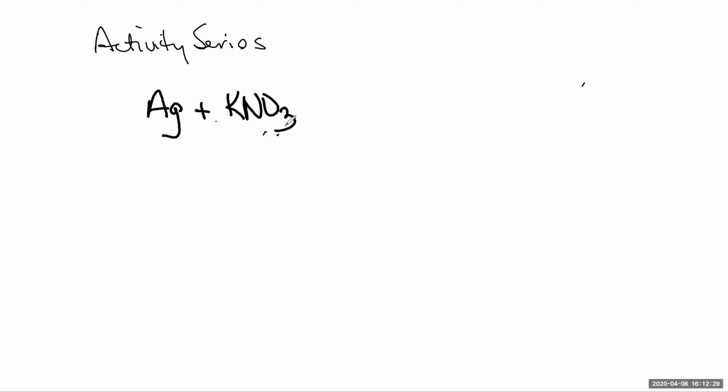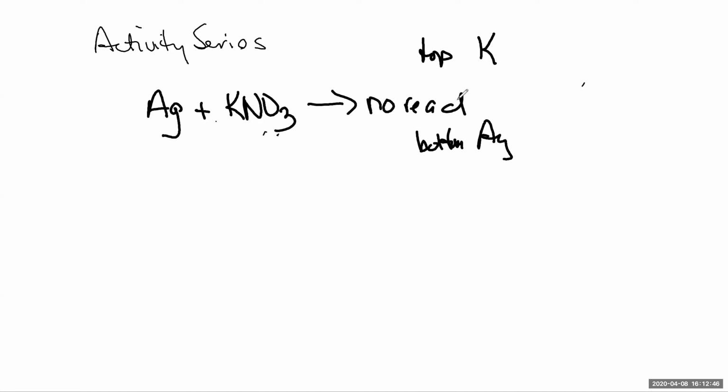If I look on the activity series, I see that potassium is way up on the top and silver is way down towards the bottom. What that means is potassium is more reactive than silver. So if I try to run this reaction, what I'm actually going to get is no reaction, because silver is not reactive enough to replace potassium. Potassium is more reactive and it will stay part of the compound. So number one on the worksheet is just going to be no reaction.